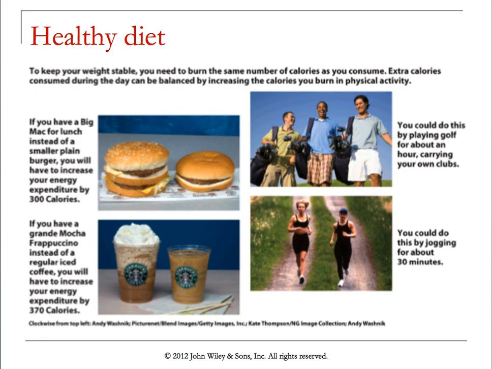So one of those is a, not healthy, but healthier choice than the other. And in order to maintain the same weight, you would have to increase your exercise by 300 calories to burn off the additional calories in the Big Mac.